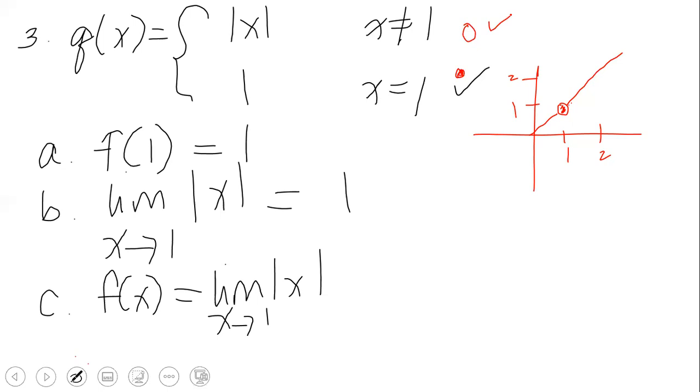So therefore, you have also a continuous function. Okay, given a piecewise function. Okay po. So therefore, we can say that the function is continuous.